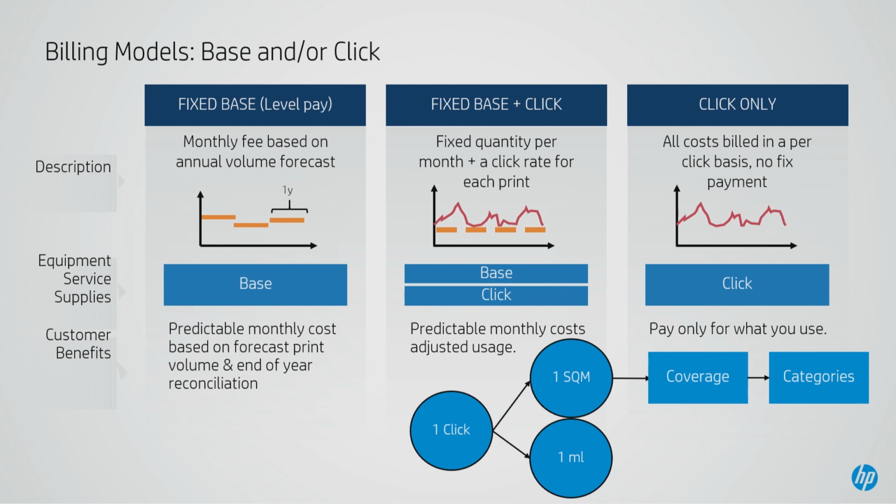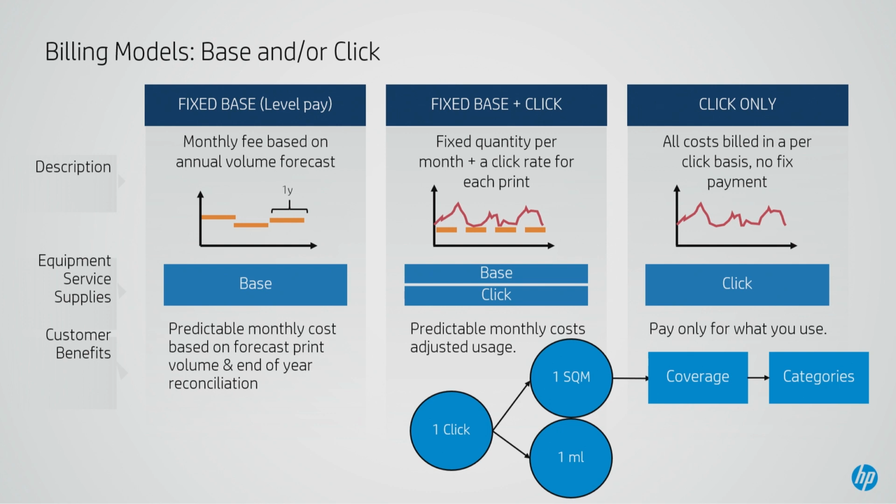Milliliters are quite straightforward, but sometimes are not the language the customer talks. This is why we also have another type of click that is square meter. A square meter talks more the language of the customer, square meters printed by month.